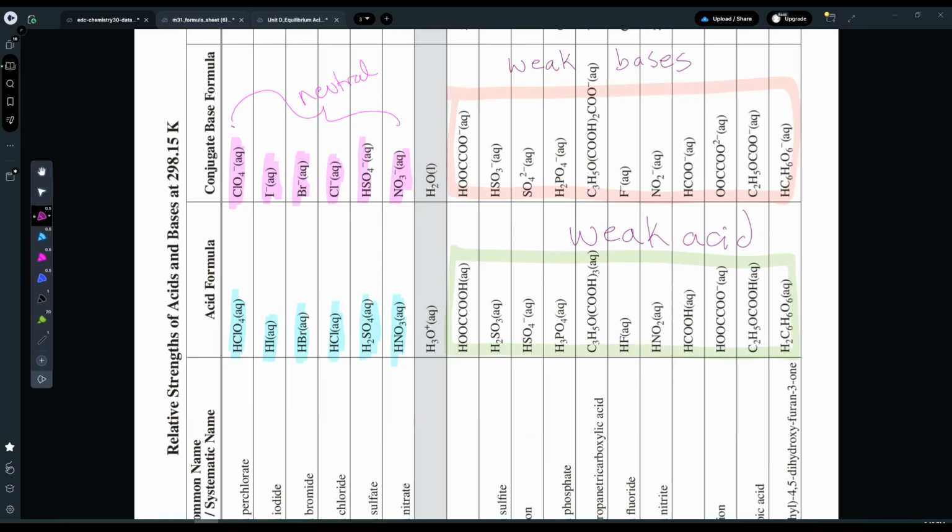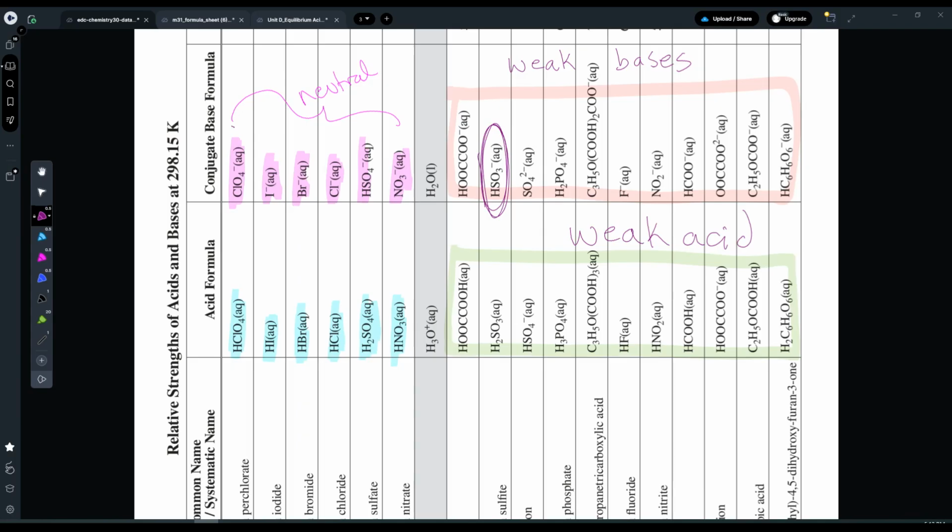Now, there is a special name for a substance that you can find both in the acid column as well as the base column. Those are called amphiprotic substances, so that means that they can act either as an acid or a base. We are going to get into that in the notes in a little bit.